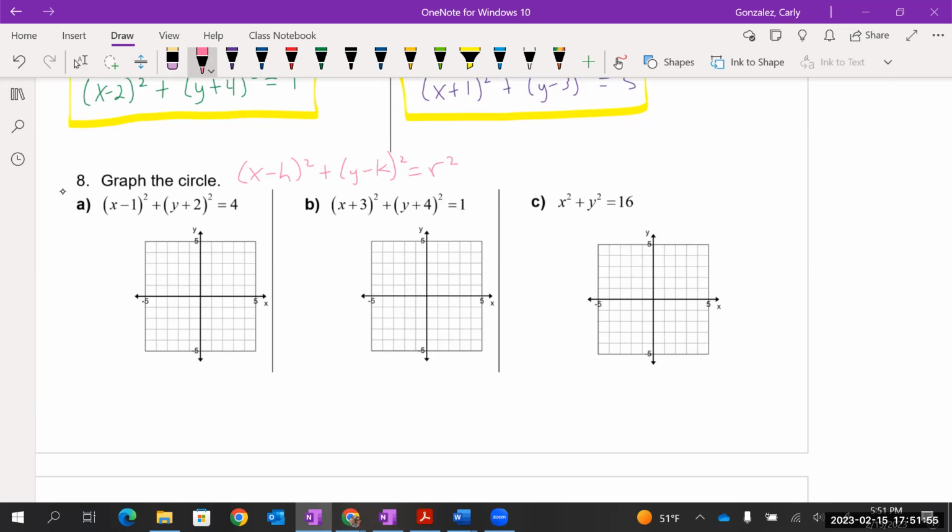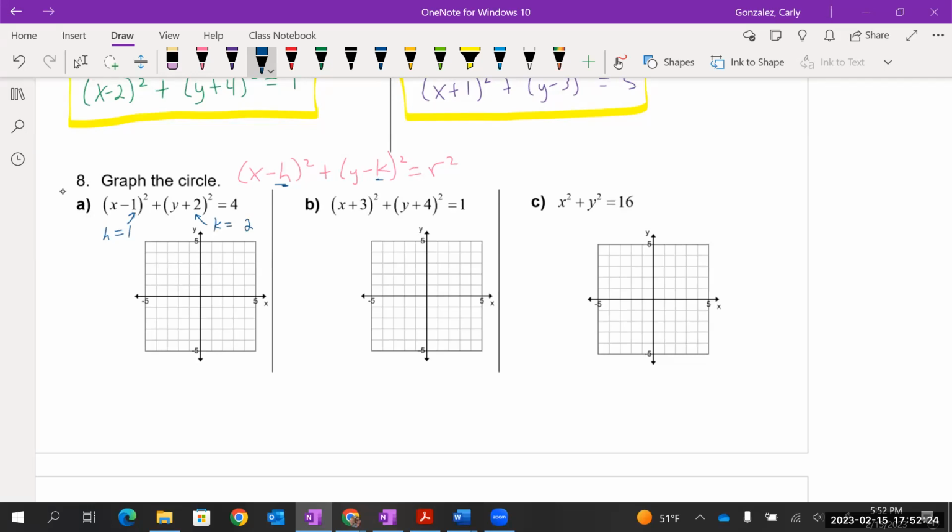So now that we have the formula, we need to identify the h and the k. So in the x minus 1, we see that h is 1. And then for y plus 2 in that second quantity, we see that the k will have something to do with 2.